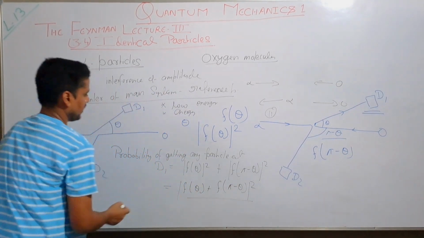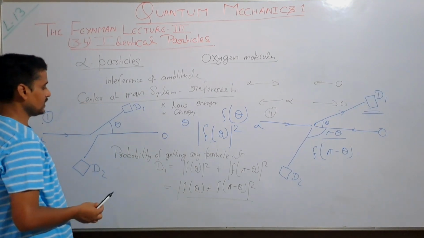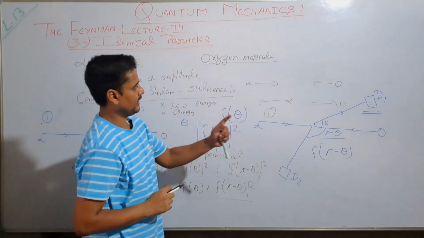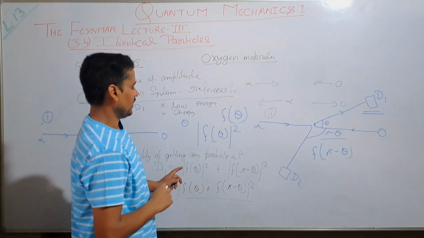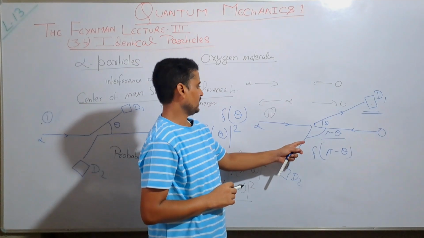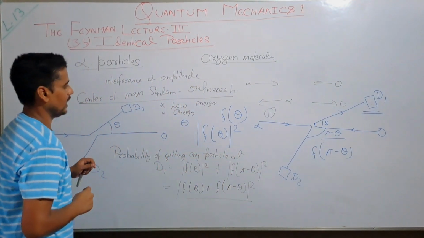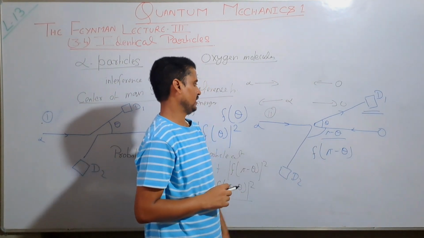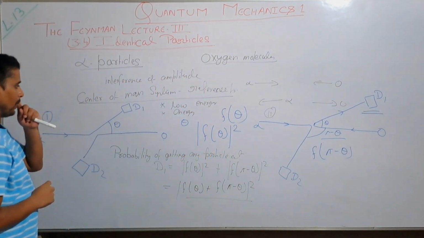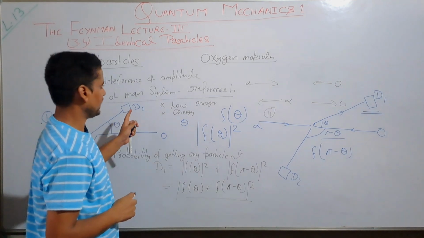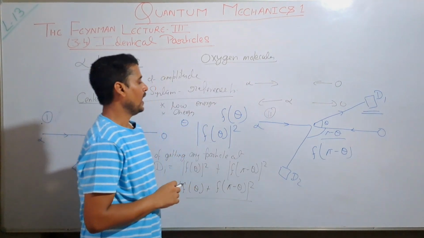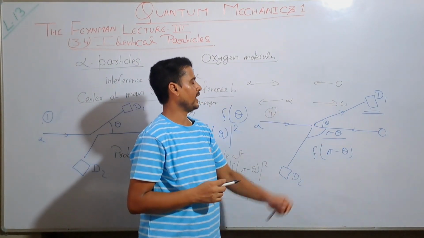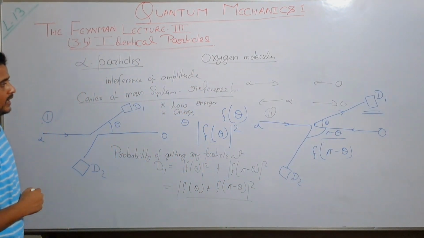In that condition, what we have taken is the two kinds of arrangement to get the alpha particle at detector D1. In one arrangement the alpha particle is at angle theta, and in another arrangement the alpha particle is at angle pi minus theta. So f theta is the probability amplitude of getting the alpha particle at D1, and f pi minus theta is also a probability amplitude of getting the alpha particle at detector D1.